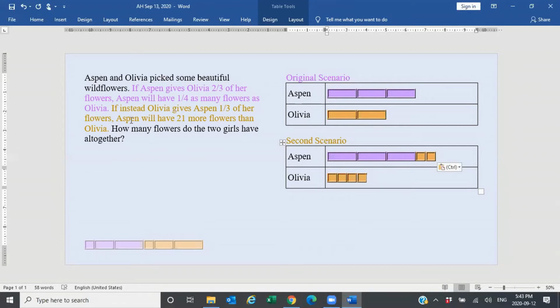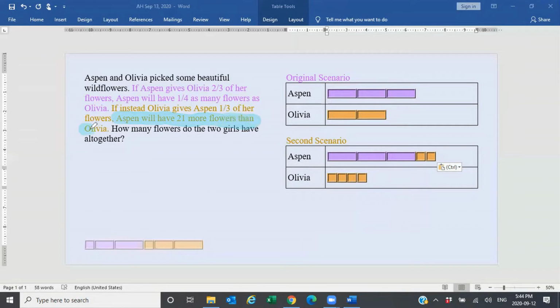All right, now we're focusing on this part of the question. It says Aspen will have 21 more flowers than Olivia. So I'll highlight that so we can see it. My highlighting will not be perfect, but I intend to make it, at least so you can see it.